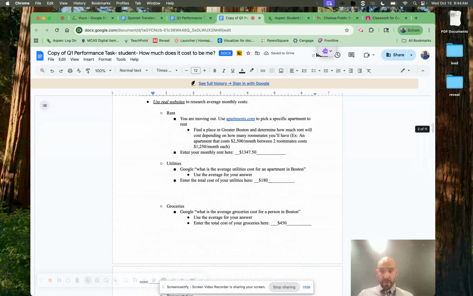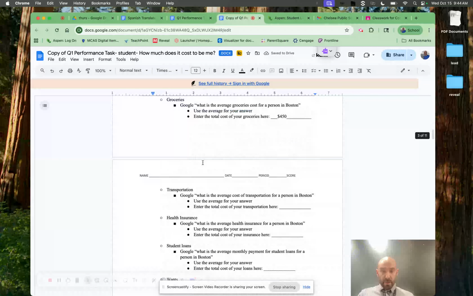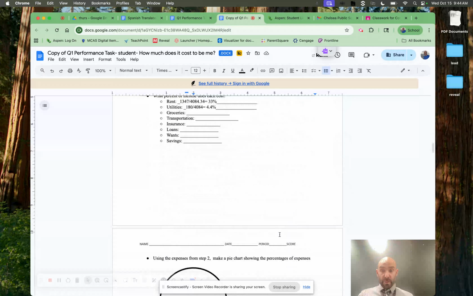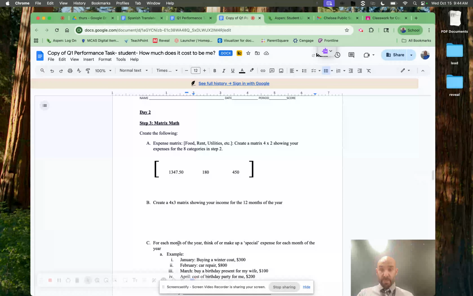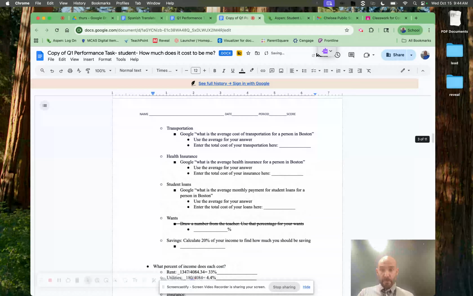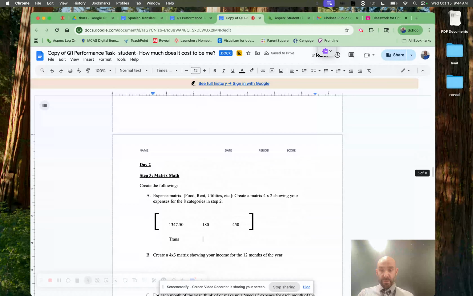My fourth one is going to be whatever I find for transportation. So I'm going to put the number for transportation here. I'm going to put the amount for health insurance.